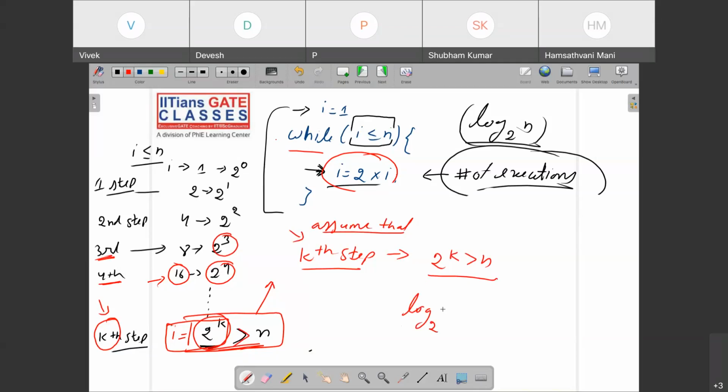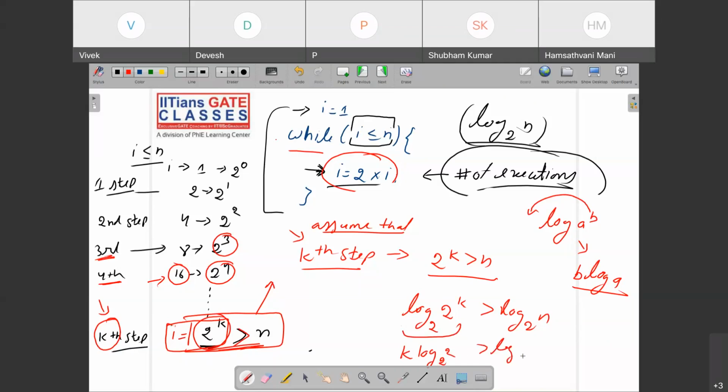Take log base 2 on both sides. Now you know the property that log a to the power b is actually b log a. The power can come forward. You know this property, right? That is why I can write this as k log base 2.